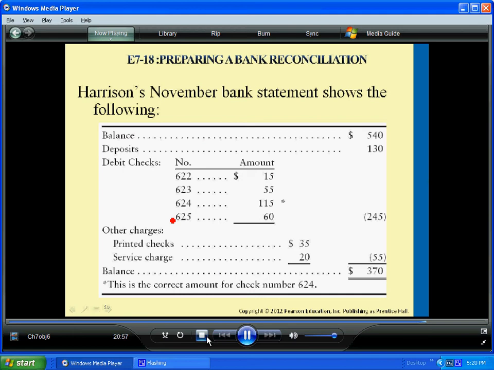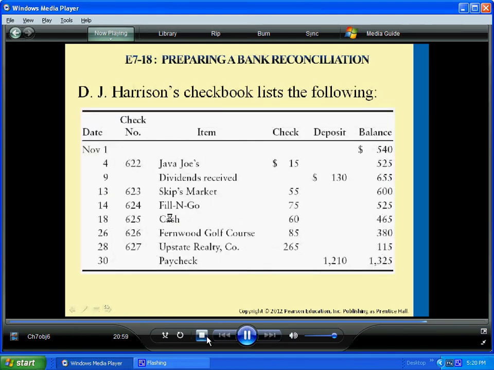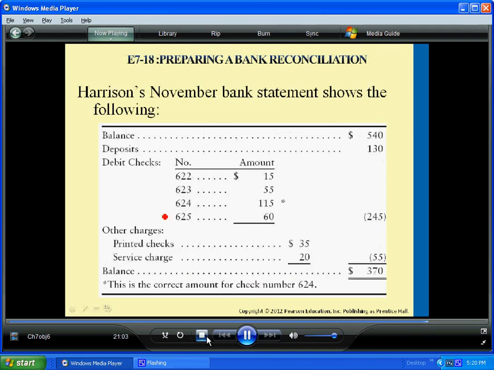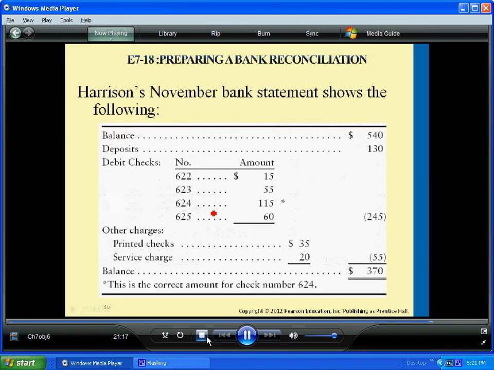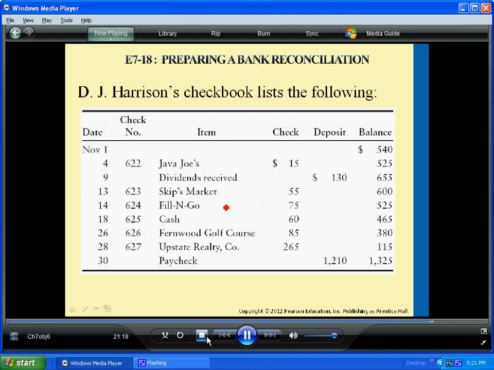Also you'll see an asterisk that check number 624 was processed for 115, but if you'll note here, 624 was processed for $75. That means we wrote the check for the correct amount, but we recorded the incorrect amount in our register.